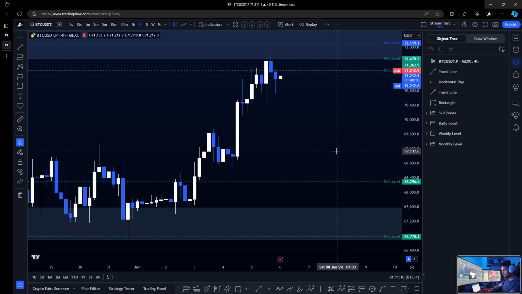If we are on the Asia session, for example, you can mark out the previous daily low and the previous daily high. Which, okay, I do. PD high and PD low.